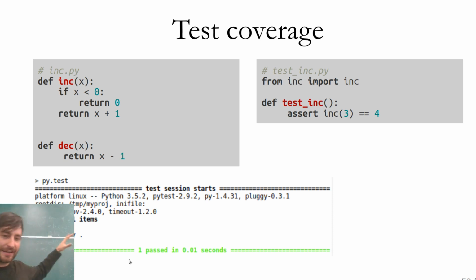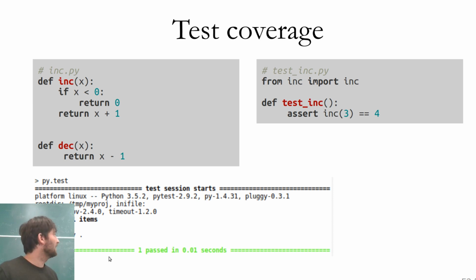Anyway, here's a slightly more realistic example. You have one file that's inc.py and one file called testinc.py. The test files, as I said, always start with test underscore, or that's the default, that's what pytest looks for. Now if I run pytest in this folder, it will tell me 1 passed in 0.01 seconds.